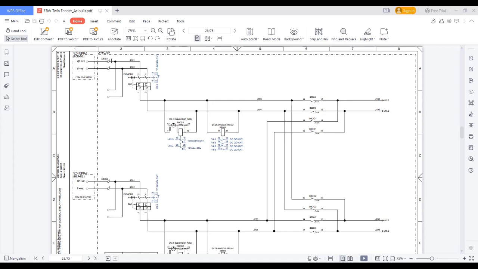We will consider two DC sources here. One DC source is coming from the DC distribution board, and the other DC source is coming from the DC distribution board too. This is my DC1, and this is my DC2.